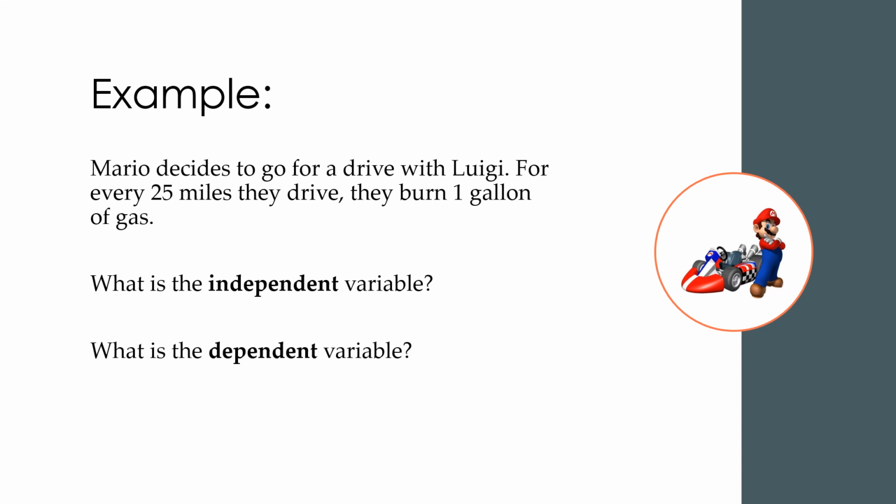In other words, the amount of gas they burn depends on the miles they drive. So the independent variable is the miles that they drive, and the dependent variable is how much gas they have left in their tank. The gas they have depends on how many miles they drive.